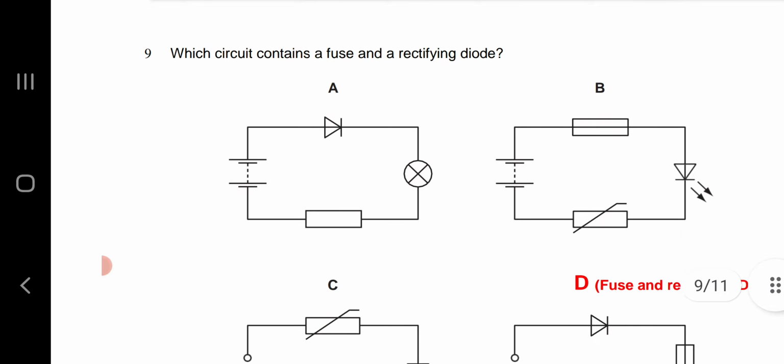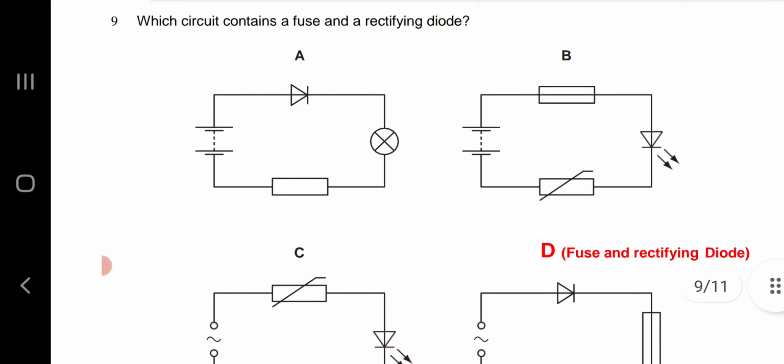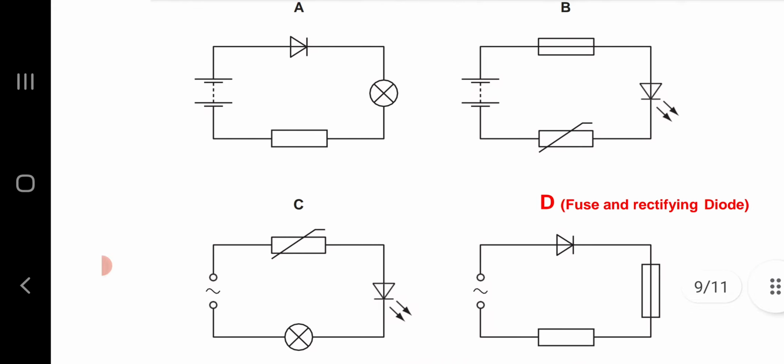Question number 9. Which circuit contains a fuse and a rectifying diode? So option D. In circuit D, you can see a rectifying diode, then a fuse, then a resistor, and AC supply.